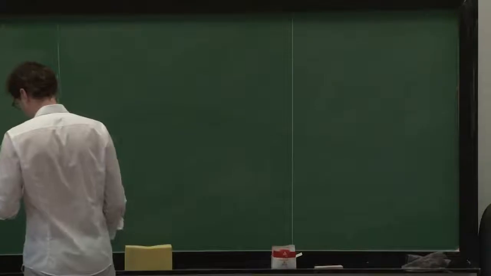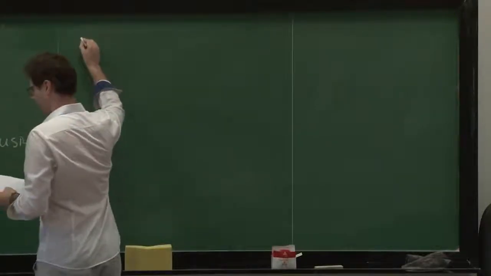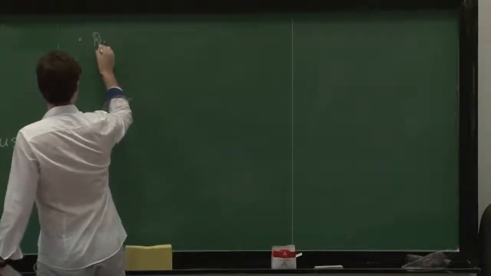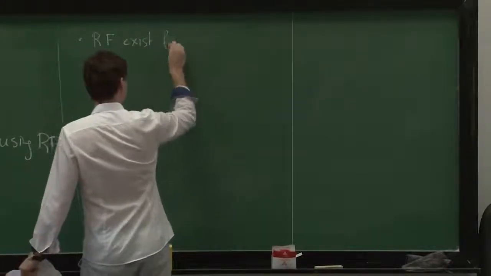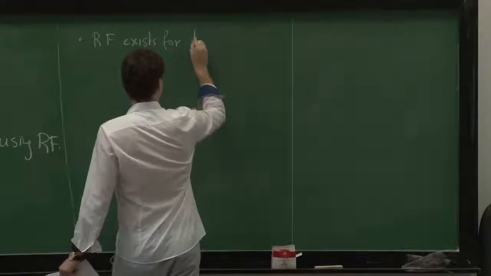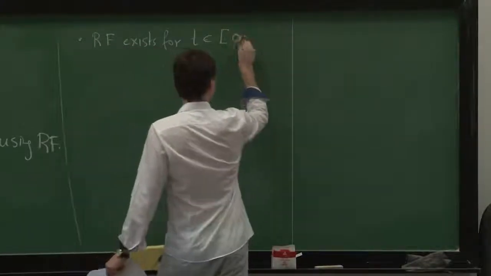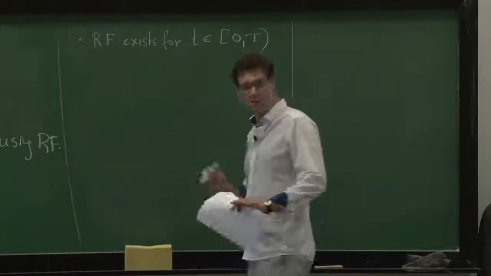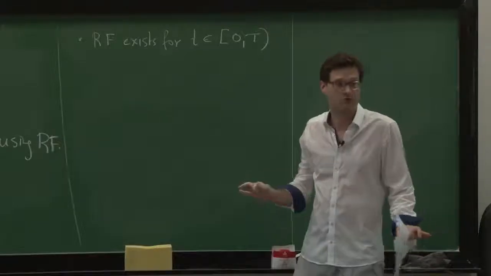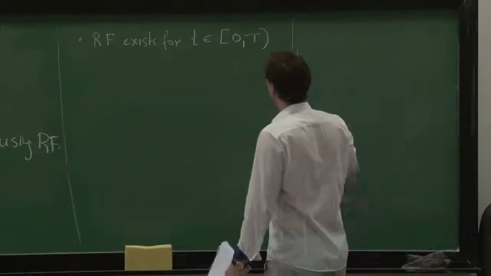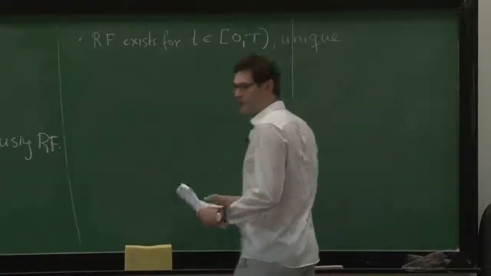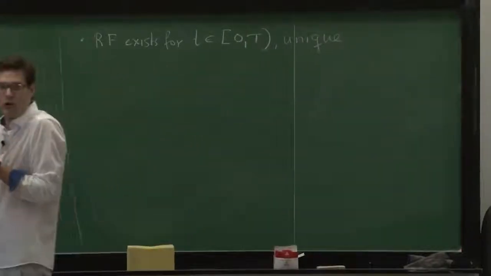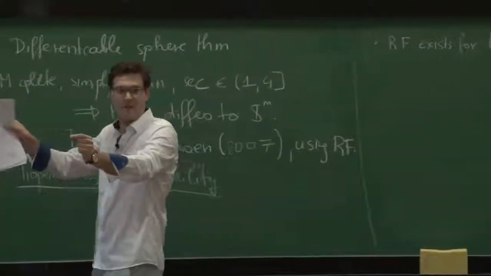Ricci flow, what are the properties? First of all, Ricci flow exists at least for short time. It need not exist for all time, it can happen that it does not. And it is unique. You cannot have two Ricci flows coming out of the same metric.